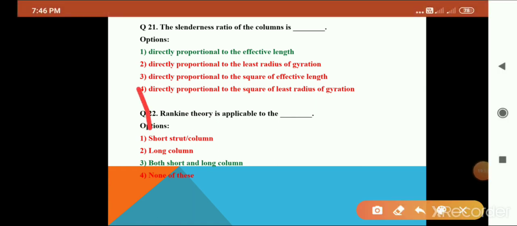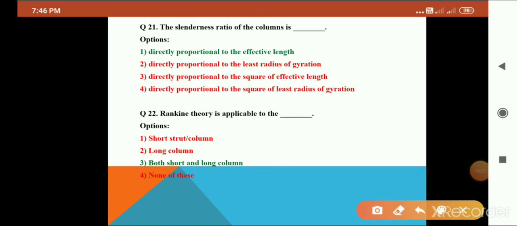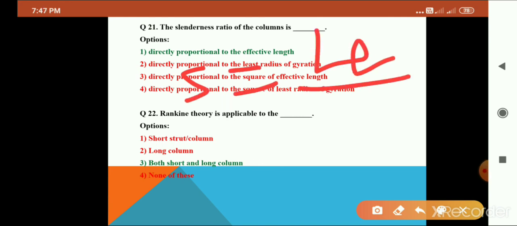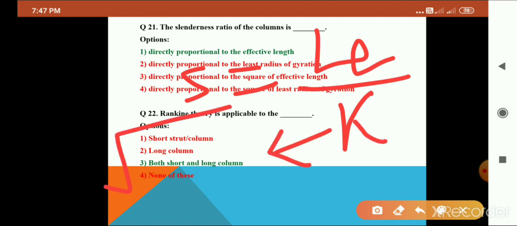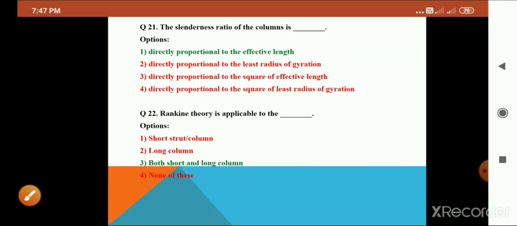The expression for slenderness ratio is S equals LE, the equivalent length, divided by K, and the value of K is root over I by A. That is the expression, and LE we know is alpha into L. So from here we can say option number 1 is the correct answer, which is directly proportional to the effective length.